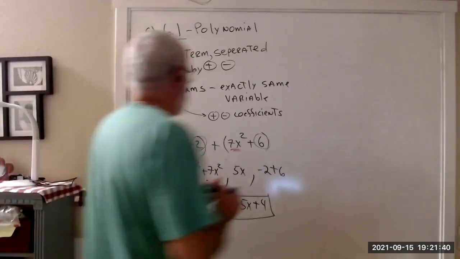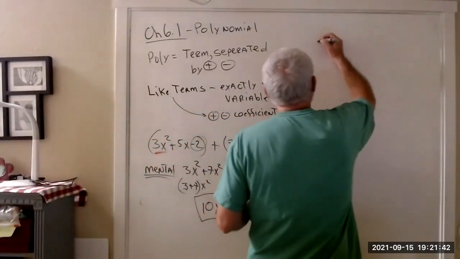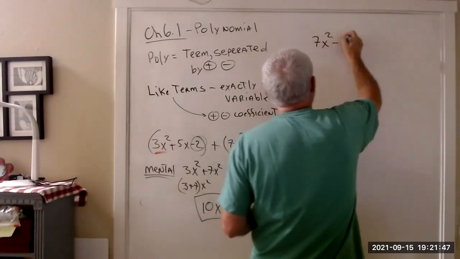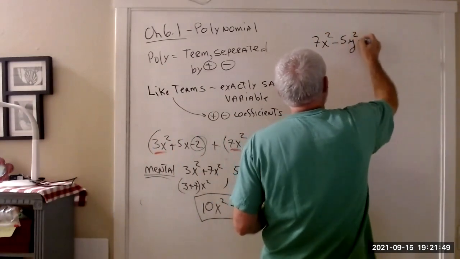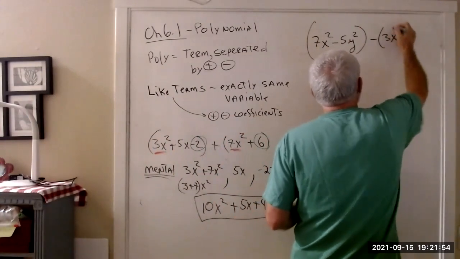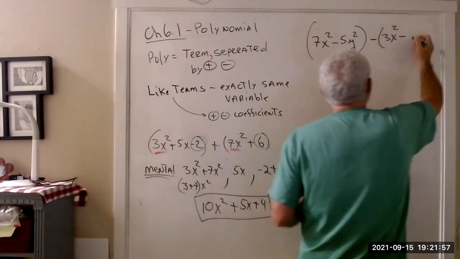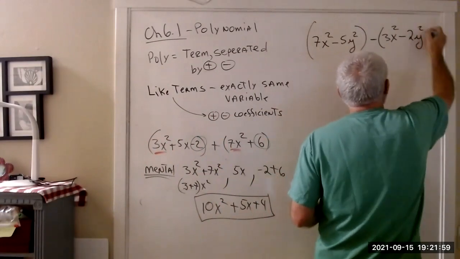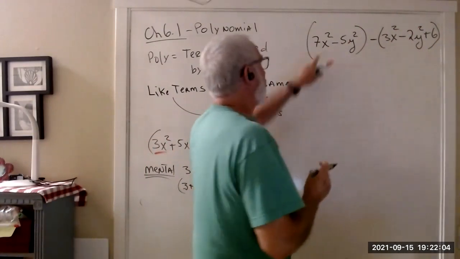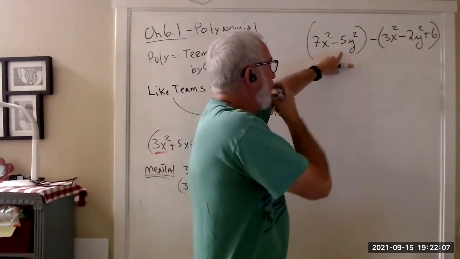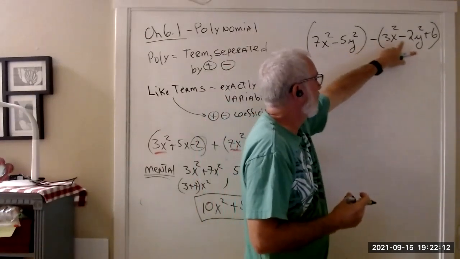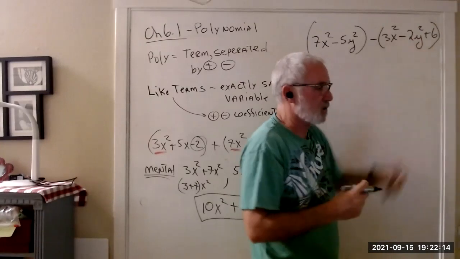Well, what happens if I give you this one? What if I gave you 7x squared minus 5y squared, quantity, minus 3x squared minus 2y squared plus 6. 7x squared minus 5y squared, that's one quantity, minus 3x squared minus 2y squared plus 6.